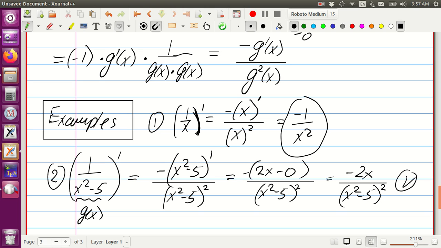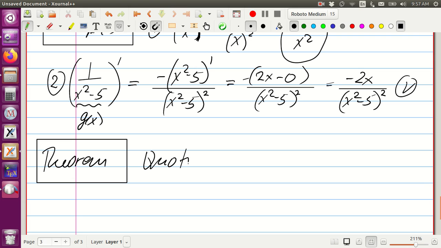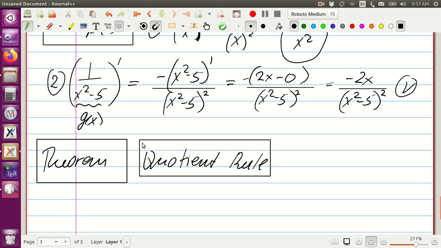And the last rule for this lecture, with a few examples, would be the quotient rule. So theorem, right? It's a rule, so it's a theorem. The theorem is called the quotient rule. The quotient rule is not easy to prove, and not easy to even remember. So let's try to look at it.